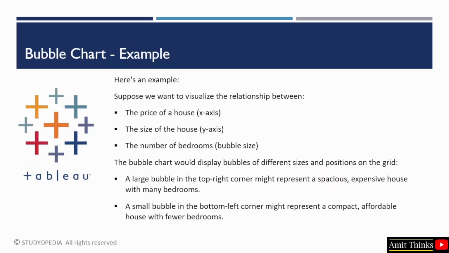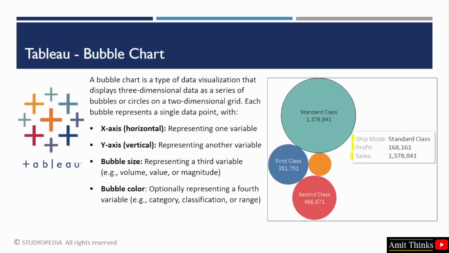Let us see another example to understand the bubble chart. Let's say you want to visualize the relationship between the price of a house, which is your x-axis, the size, your y-axis, and the number of bedrooms as the bubble size. Now our bubble chart will display bubbles of different sizes and positions. There will be larger bubbles and smaller bubbles, like here we have larger circles and smaller circles.